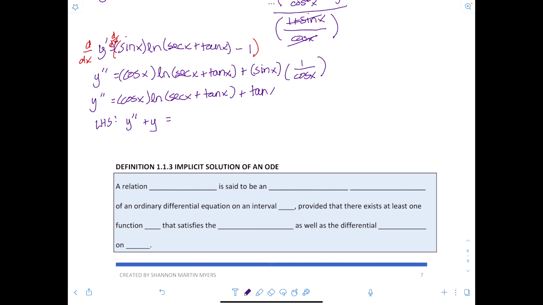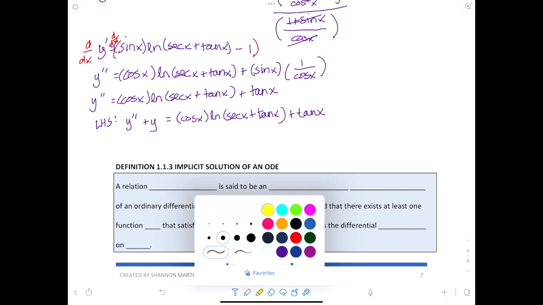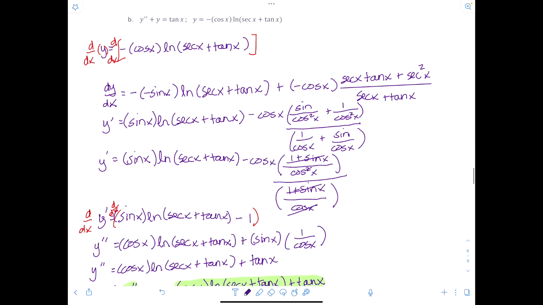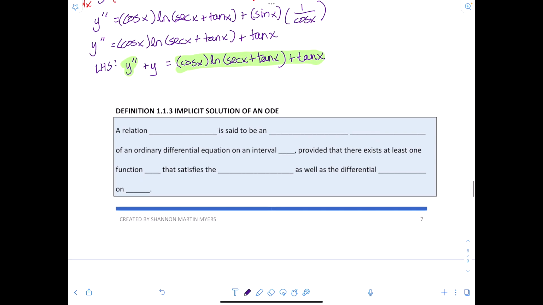Well, y double prime is cosine x times natural log of secant x plus tangent x plus tangent x, and then y is going to be what we started with, negative cosine x.